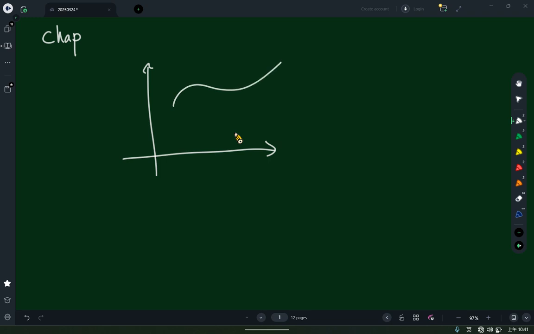For example, if you want to calculate the integral from A to B, I can divide it into many pieces, right?